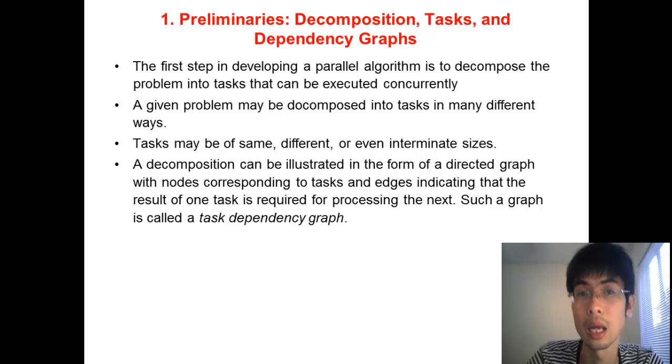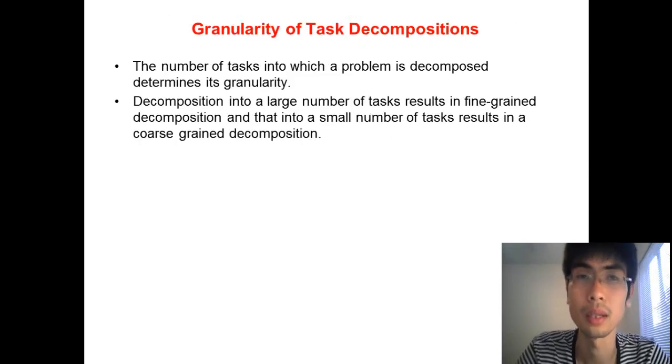The tasks may be of the same, different, or even intermediate size. And a decomposition can be illustrated in the form of a directed graph with nodes corresponding to tasks and edges indicating that the result of one task is required for processing the next. Such a graph is called a task dependency graph.